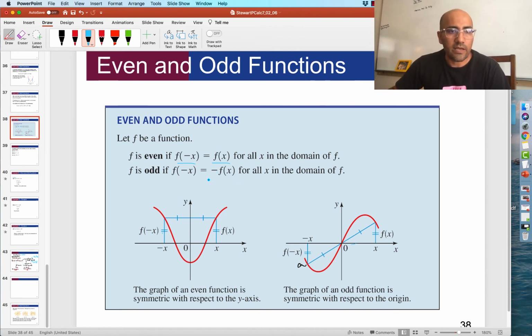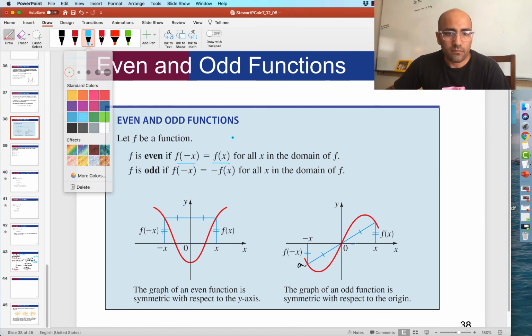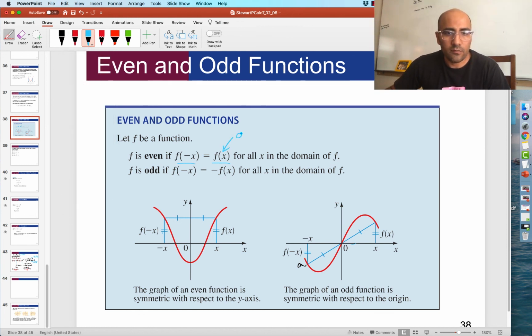Here, let me write those down. So this is the original function. This is the original graph. Versus this one is saying that this is a reflection about the y-axis. Maybe blue is not a good color for this.